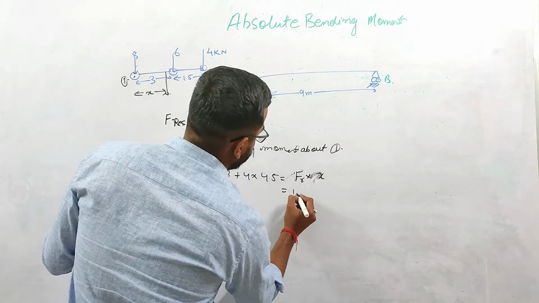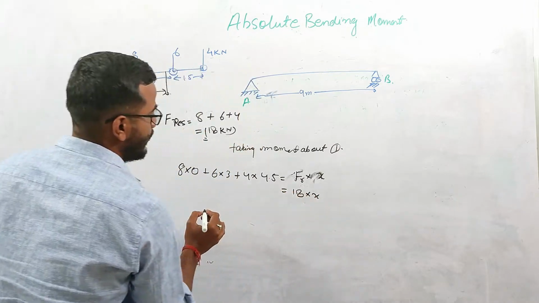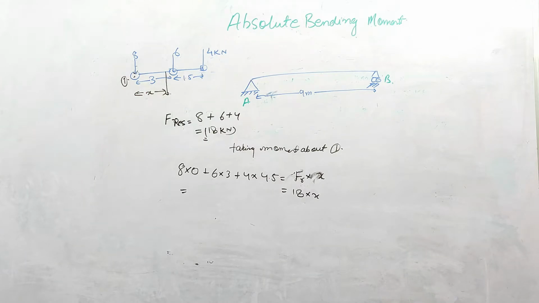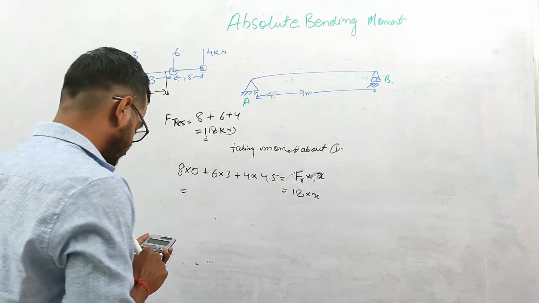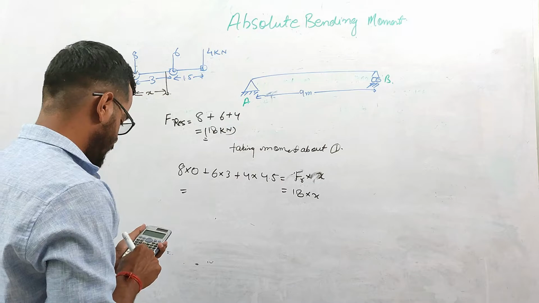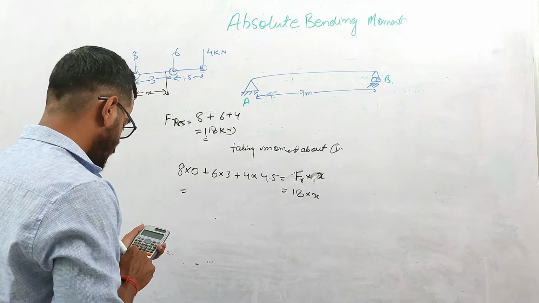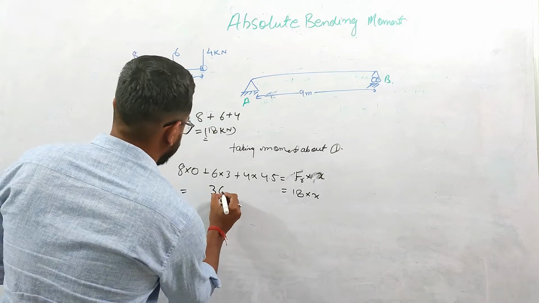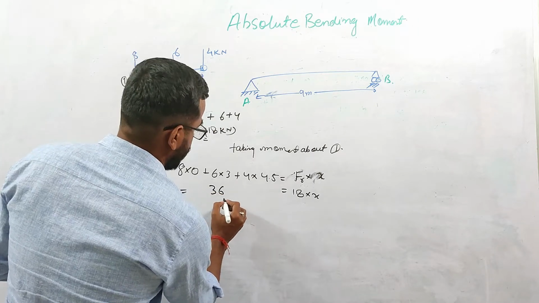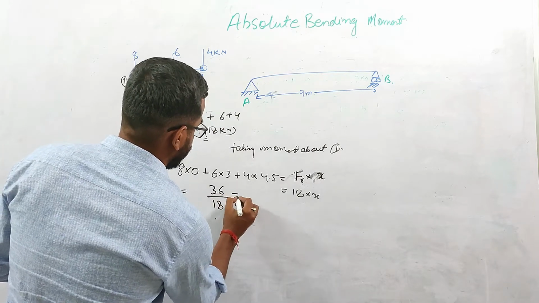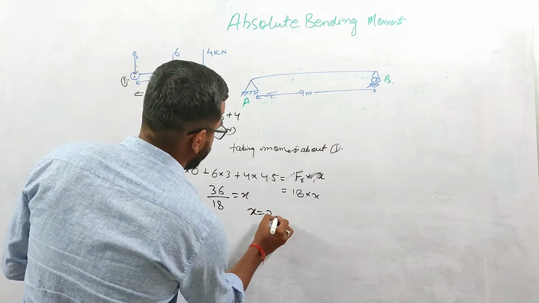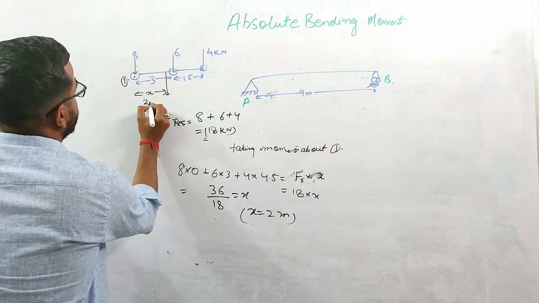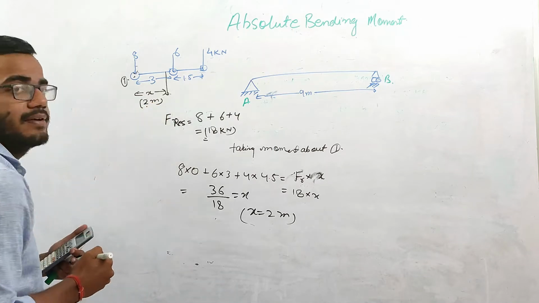So the resultant force is 18, moment will be 18 into x, so this value will be 6 into 3 plus 4 into 4.5, so the value will be 36. If we divide, the x will be 2 meter. So you can see that the value of x will be 2 meter, right?